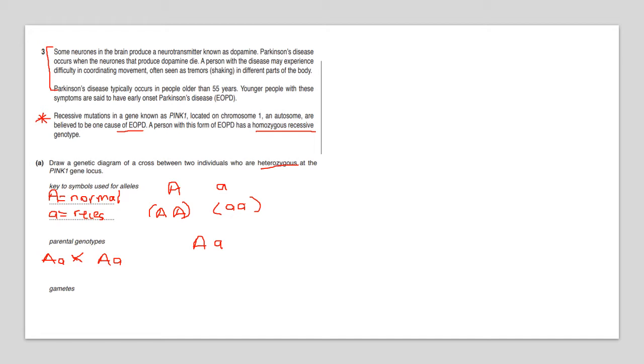You'll notice in your CIE question paper, when you're going through it, that you have blank pages. So you can use those blank pages and a pencil to work out things that might not be clear to you. But these are the parental genotypes, and in this case, the gametes would be simply big A and small a.